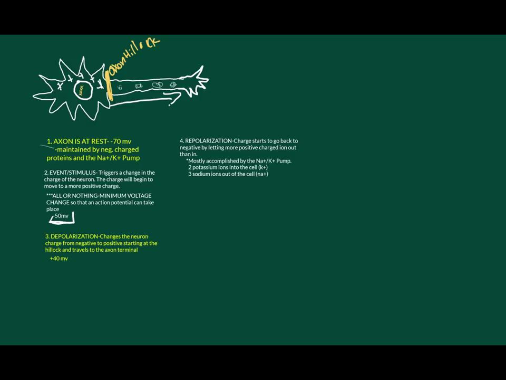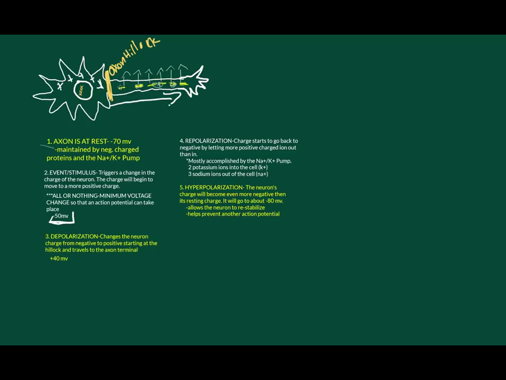However, the neuron is actually going to overshoot, meaning that it's going to become even more negative than negative 70. So it's going to go past the resting point, and this is known as hyperpolarization. So this hyperpolarization is really, really important in making sure that the neuron is able to function correctly.